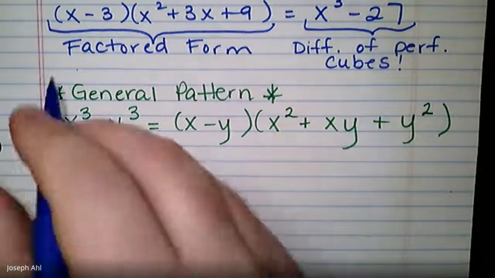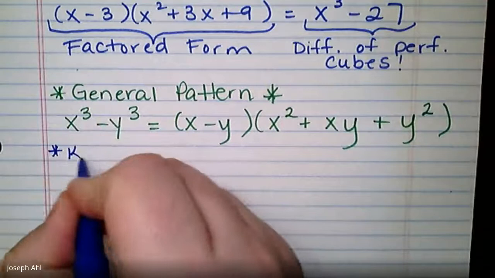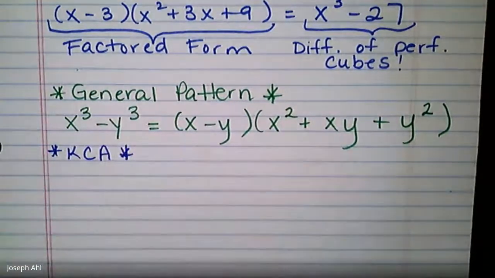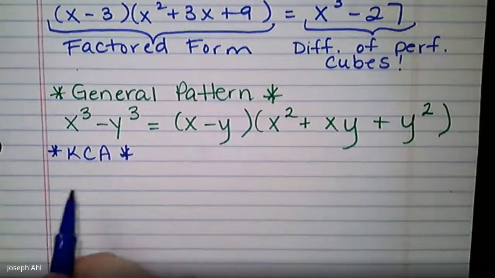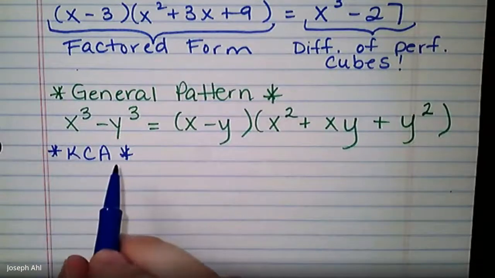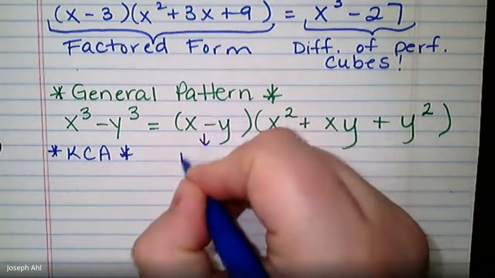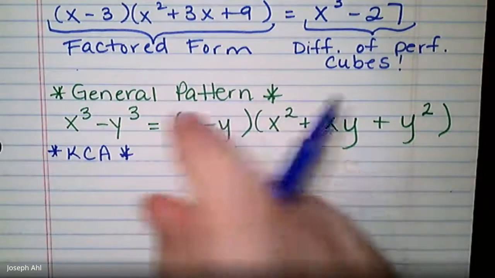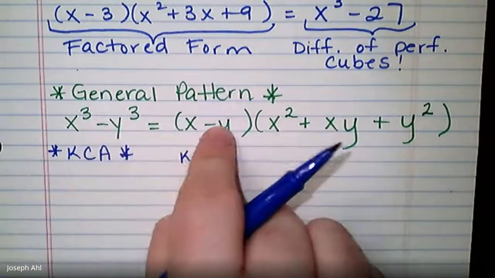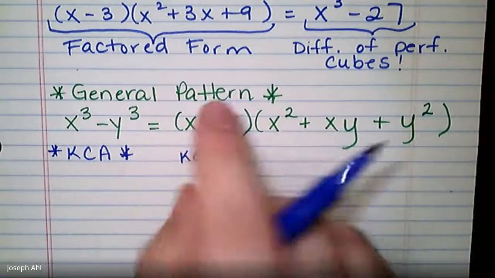As a quick thing to help us remember the pattern here, I'm going to use the acronym KCA as a way to remember these signs. So we're going to always keep the sign in the binomial, which means that if I'm subtracting, this becomes subtraction here.